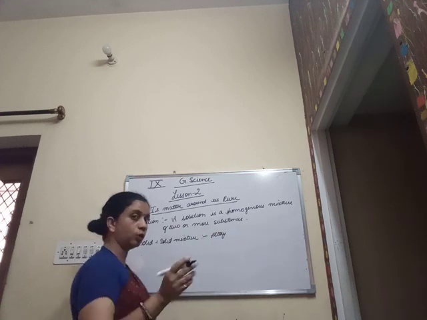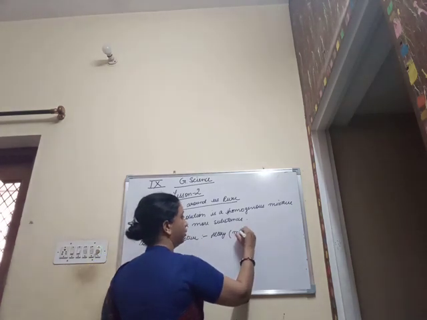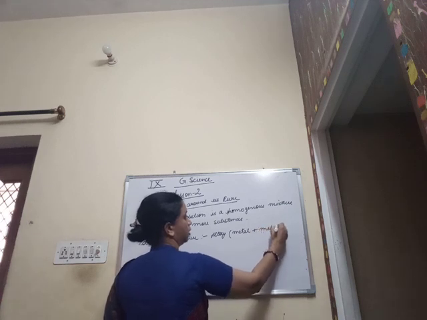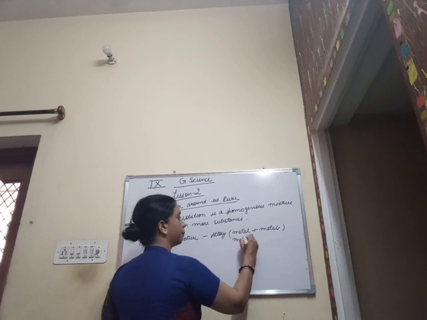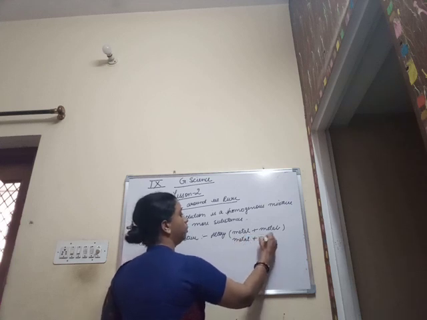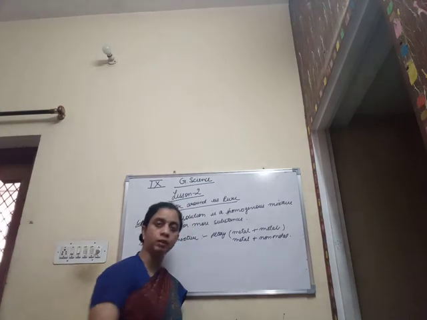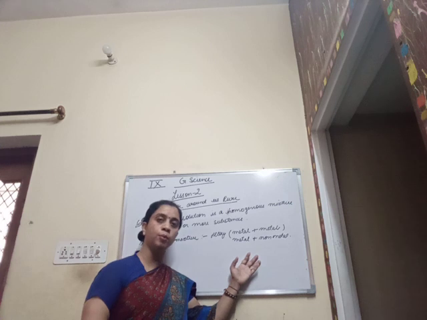Now if we define what an alloy is, an alloy is when two or more metals, metal plus metal, are mixed with one another, or when a metal and a non-metal are mixed with one another. First they are melted and then they are mixed with one another in a definite proportion.